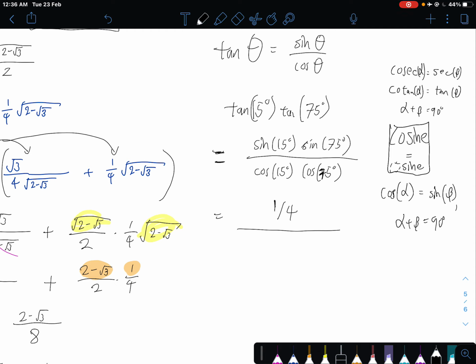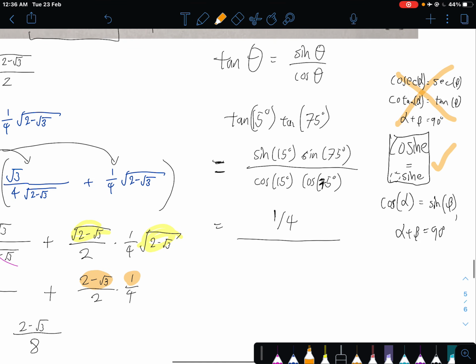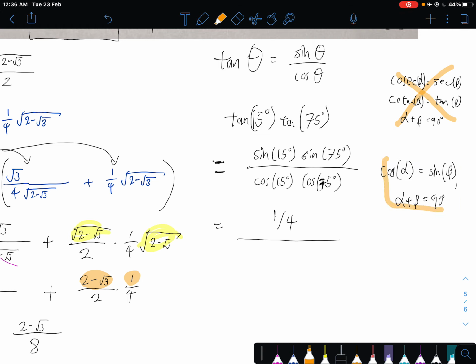But for this case, you only need this one. In fact, it is a bit inaccurate when I say cosine equals sine, because I never include the angle, which makes things inaccurate. So I'll erase this confusing part. Just need to know this part.